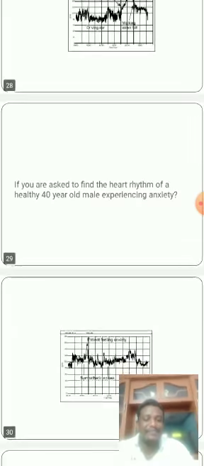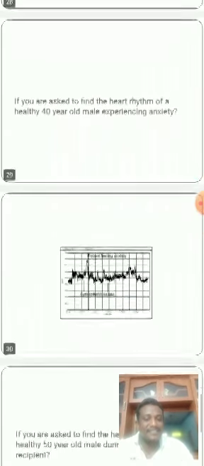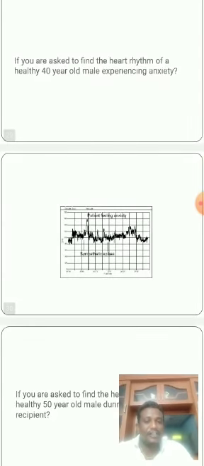The second question: if you are asked to find the heart rhythm of a healthy 40-year-old male experiencing anxiety, the answer is given in a graph. Here you are seeing the answer. It is explained in the graph.